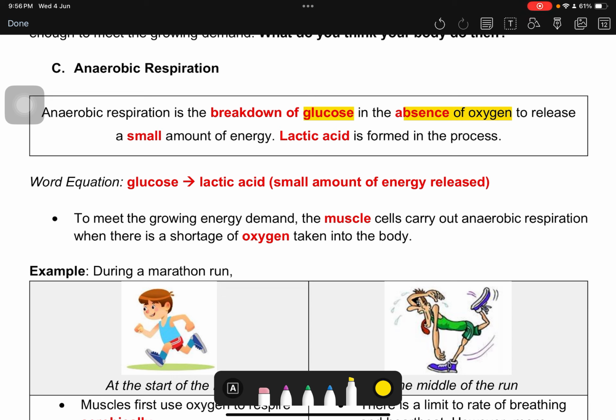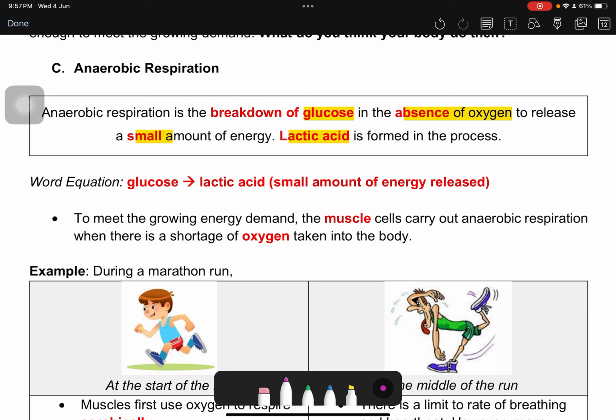When oxygen cannot reach your cells in order for aerobic respiration to take place, but your body needs energy, your body craves more energy to meet the growing demand. So anaerobic respiration will happen, and it will release a small amount of energy to just meet the demand that your body is craving for. And instead of carbon dioxide and water, lactic acid is formed instead.